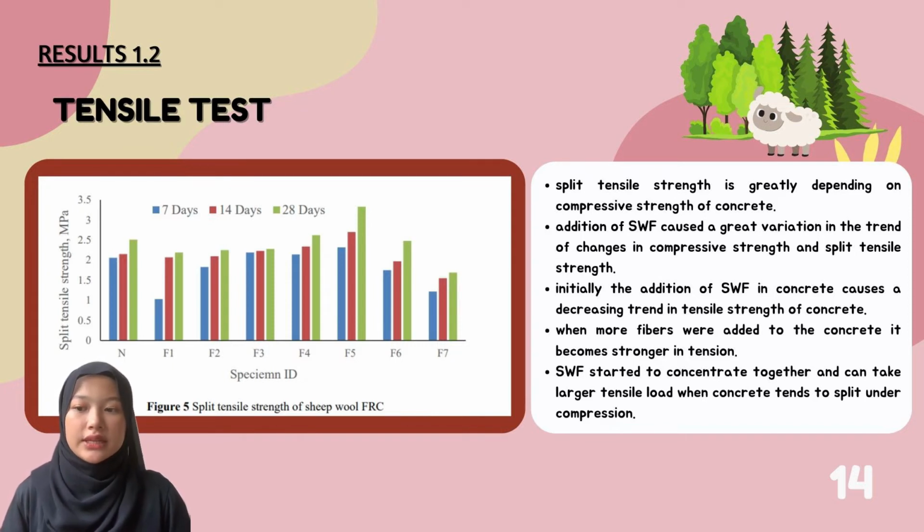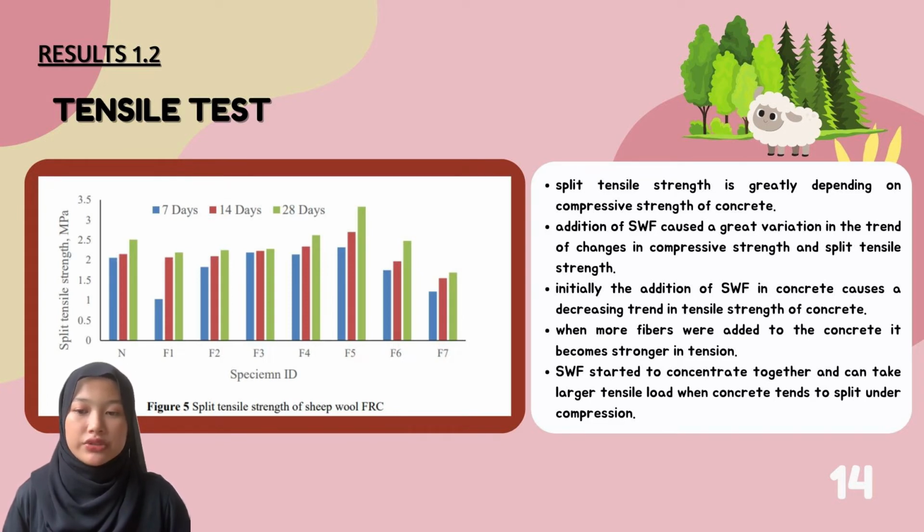As observed in this experiment, addition of 0.5% sheep wool fiber resulted in a 32.7% reduced tensile strength of sheep wool fiber reinforced concrete after 28-day curing, where the reduction value shows a decreasing trend with further addition of sheep wool fiber, up to 9.2% reduction for 1.5% sheep wool fiber content.